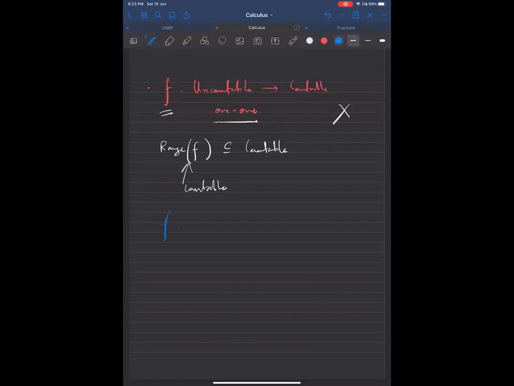What I'm trying to say is, if we get a bijection from that uncountable set to this range of f, then we are contradicting the definition of uncountable. If we get a bijection of that set with a countable set, then the set is countable. But it is uncountable, so it's not countable. So a function from A to its range is always onto.